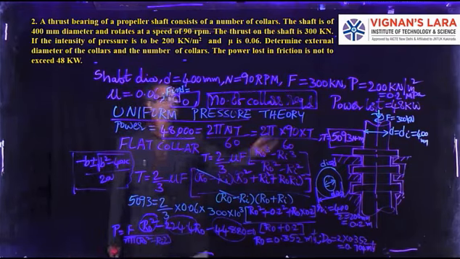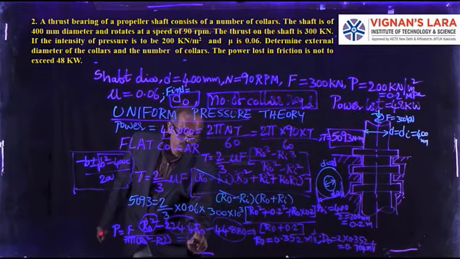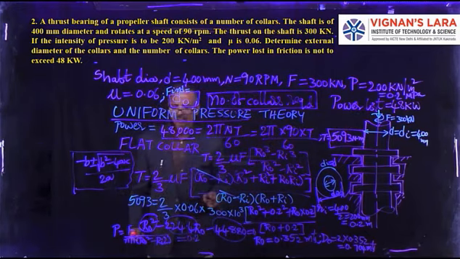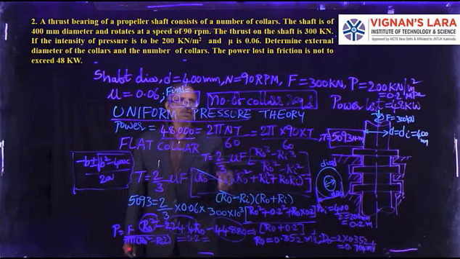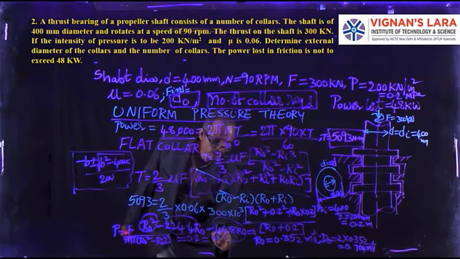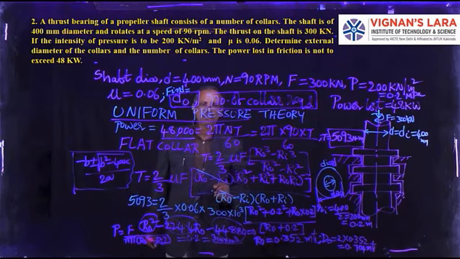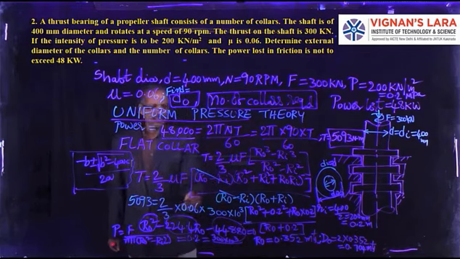So what is the pressure P? 0.2 megapascal, which is equal to F. What is the F? Force 300 kilonewtons. 300 into 10 power 3 by, what is it? N pi. N is unknown. I have to calculate.